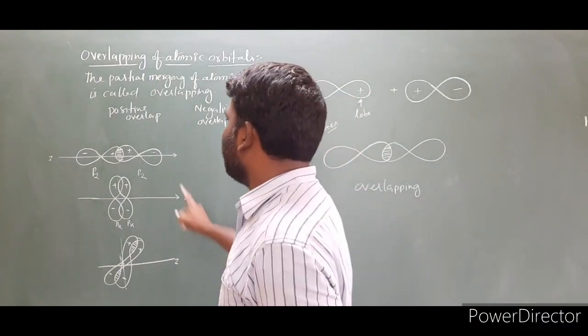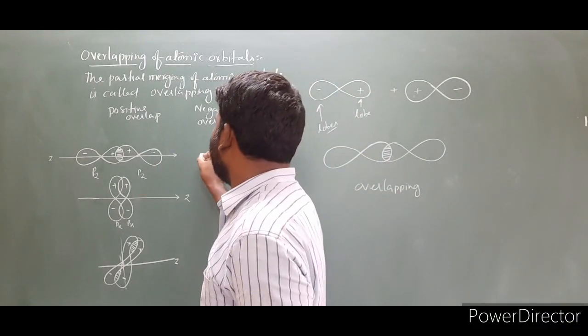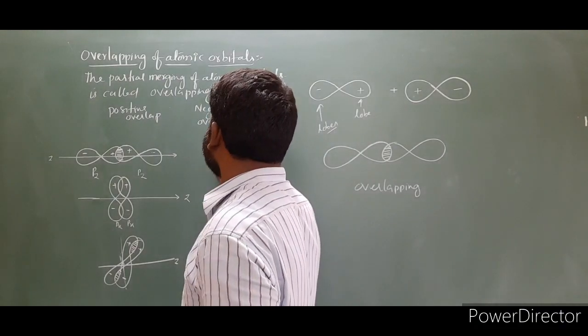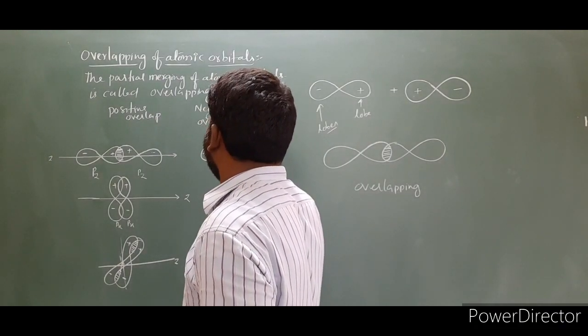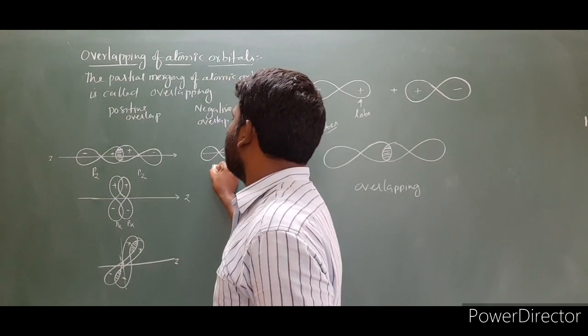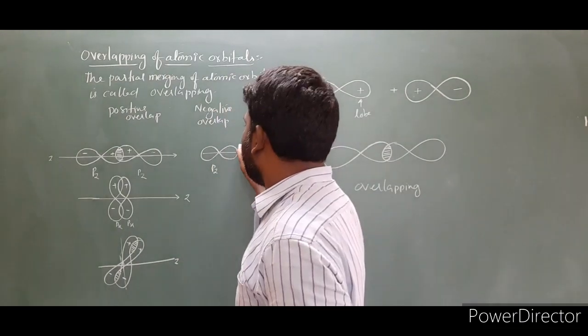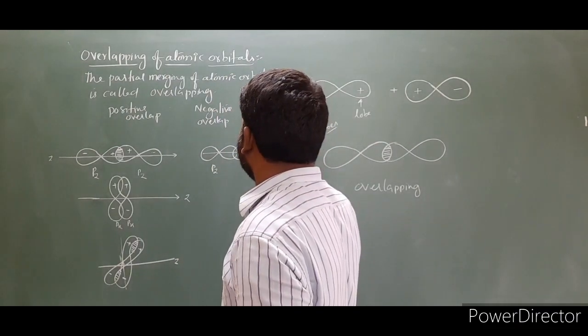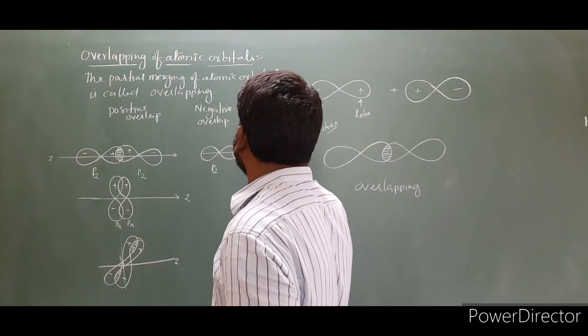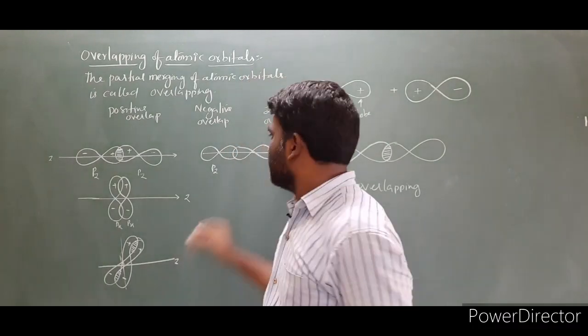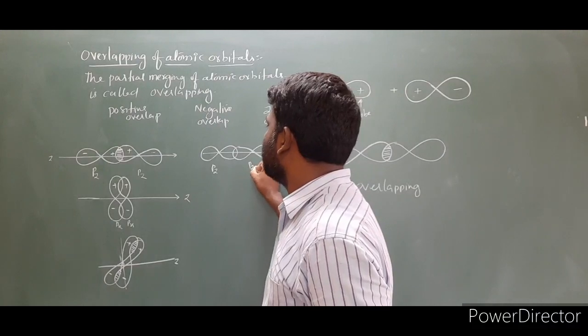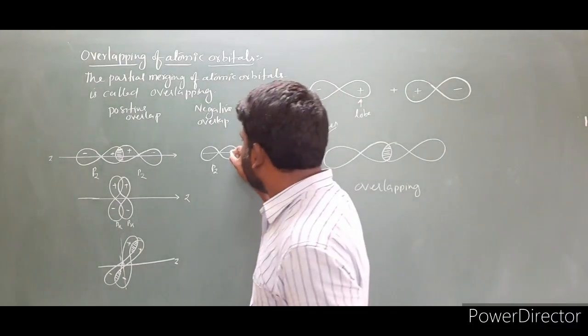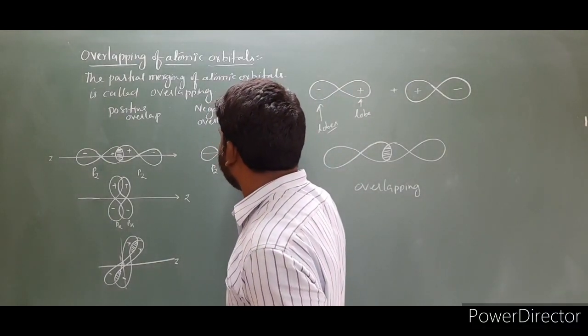In the case of negative overlapping, I am taking the same example. This is one pz orbital, and I am writing another pz orbital like this. This is another pz orbital. So this is one pz and this is the second pz orbital, and this is the positive lobe and this is the negative lobe.